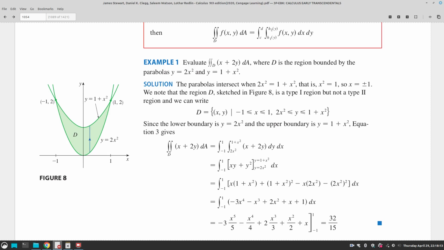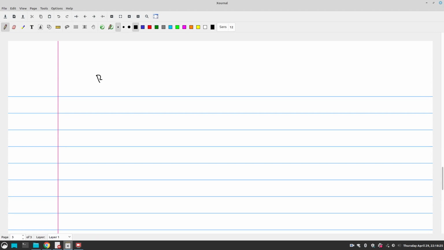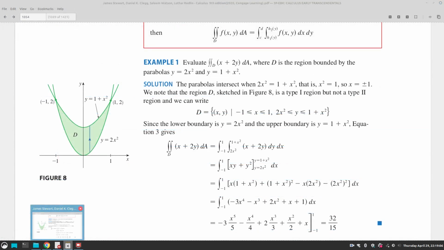It is bounded by the parabolas y is equal to twice x squared and y equals 1 plus x squared, so it's below 1 plus x squared and above twice x squared.